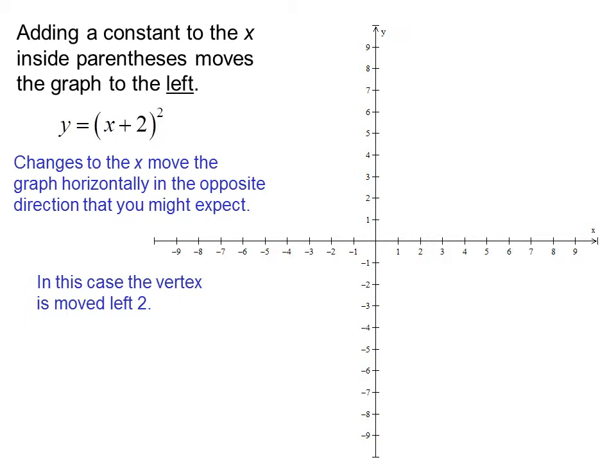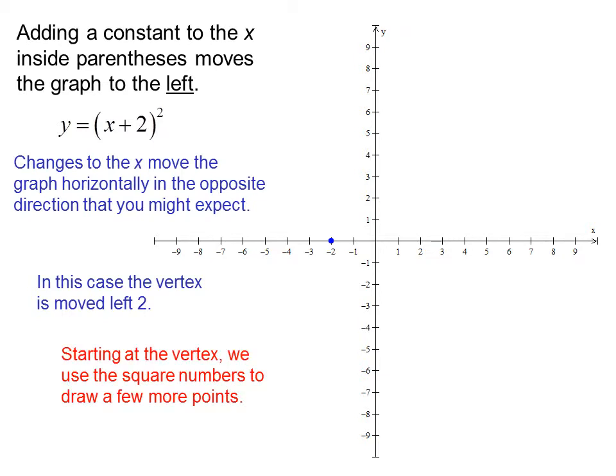In this case, the vertex is moved left 2. So our vertex is at -2, 0. Otherwise, the parabola is the same shape as the ones we've just done. Starting at the vertex, we use the square numbers to draw a few more points.